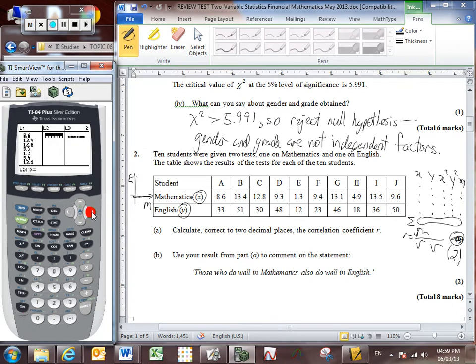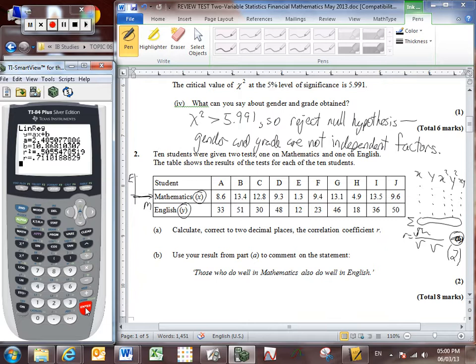My y values. There we go. So now I should be able to exit, and I'll press Stat, Calc, linreg, and if I don't put in the lists, the calculator will assume that my L1 is my x values and my L2 is my y values, and I think that you should always make sure your x values are in your L1 and your y values in your L2, so that we can simply do linreg and say enter straight away.